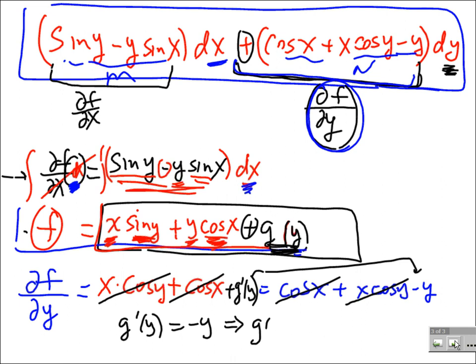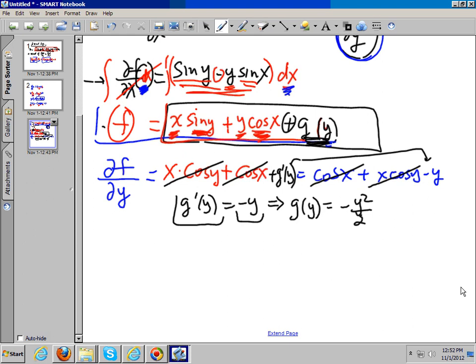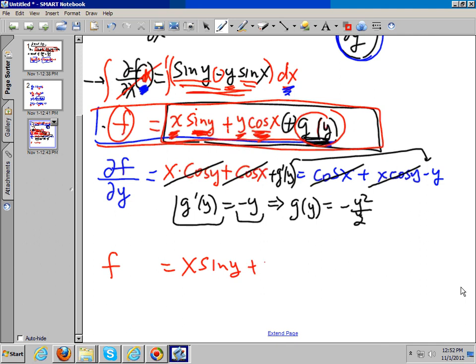Integrating both sides, the integral of g prime of y is g of y. The integral of the other side is negative y squared over 2. Okay. So at this point, we're pretty much done. All I'm going to do is take this equation here and substitute in what g of y is. So f is equal to x sine y, for now I'm just copying, plus y cosine x plus g of y.